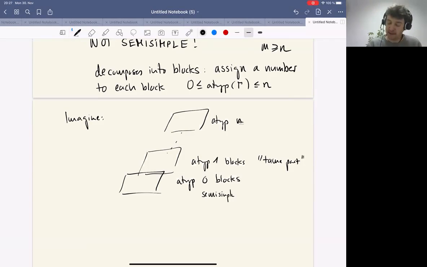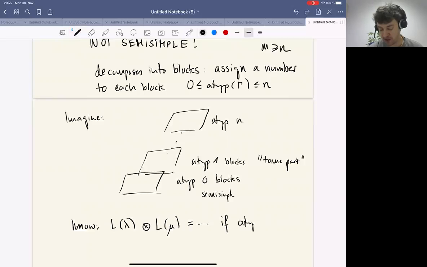And this also gives a fruitful way to think about these tensor product decompositions. So we know what L lambda tensor L mu looks like if the atypicality of lambda and the atypicality of mu are less or equal to 1.